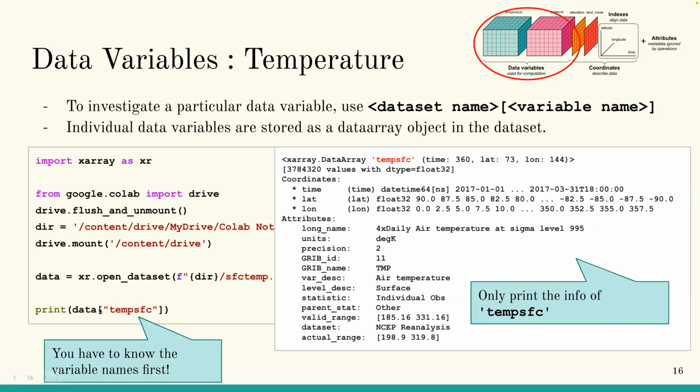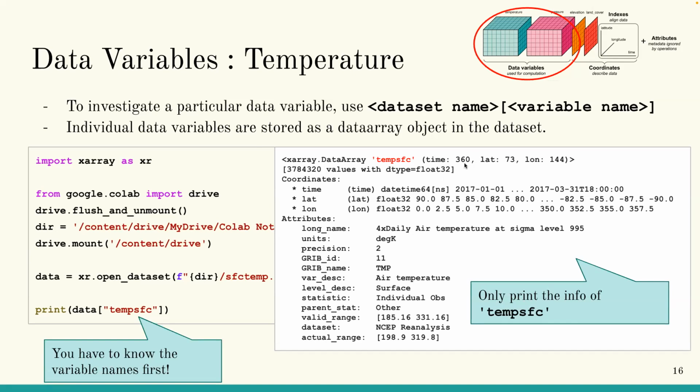Here is how you get to know more about your variable. Just put data and then square brackets and the name of the variable in here, TEMPSFC. When you print that, it will not give you the actual values. For example, here you have a certain number of values.